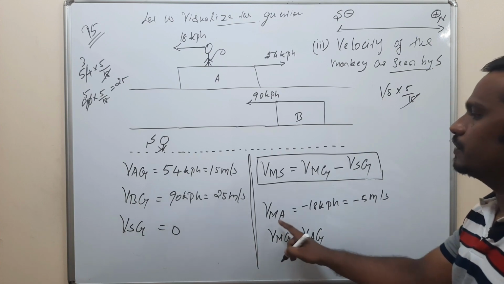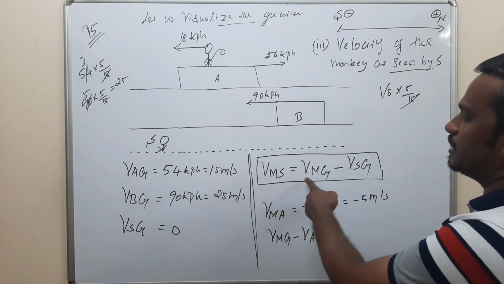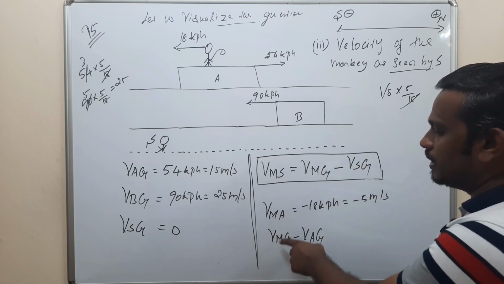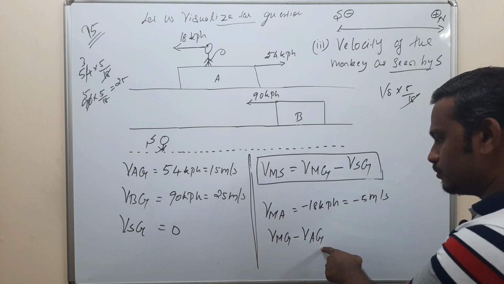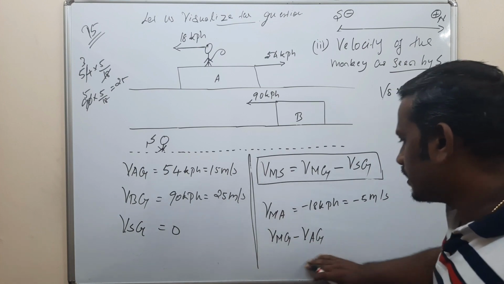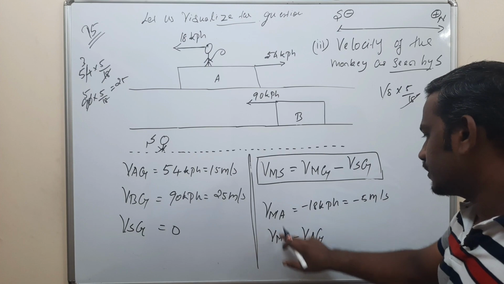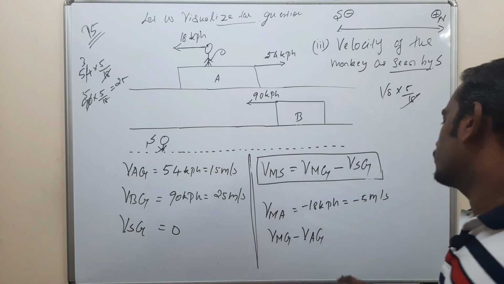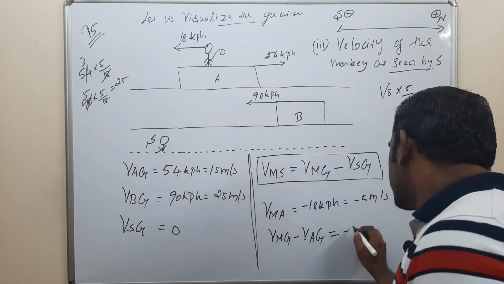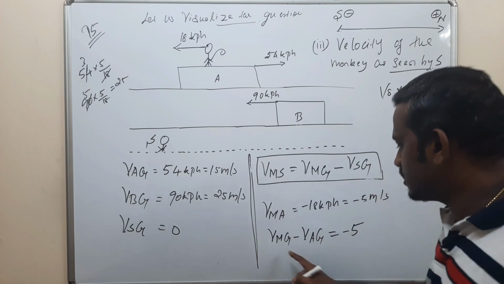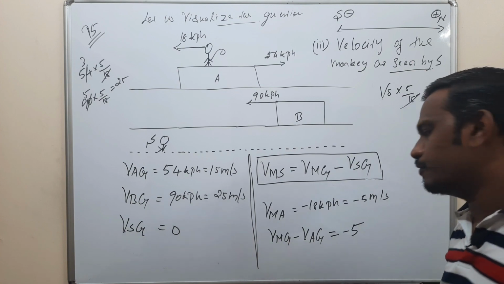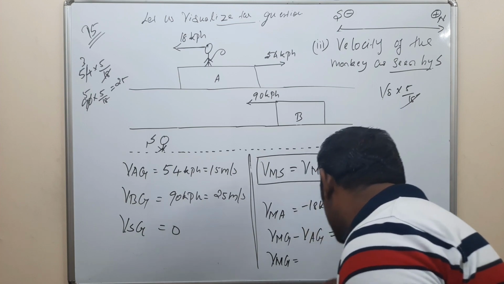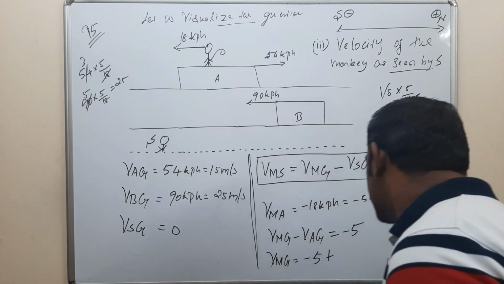So VMA equals minus 5. From this we can find VMG. VMG is equal to minus 5 plus VAG.